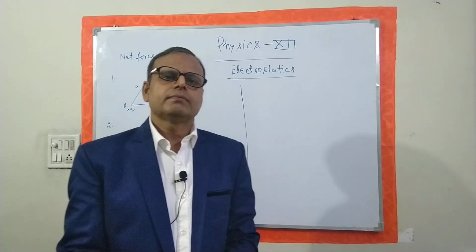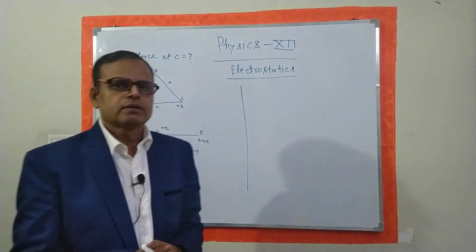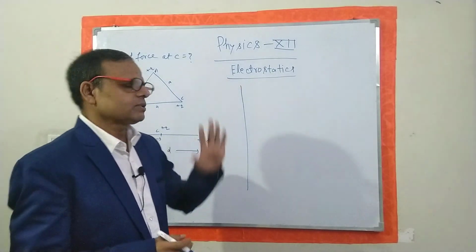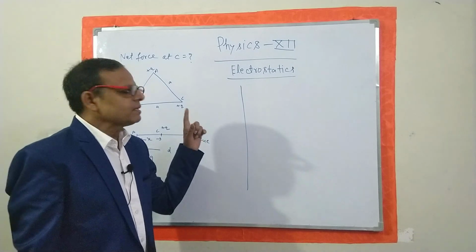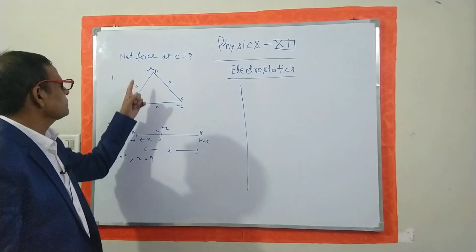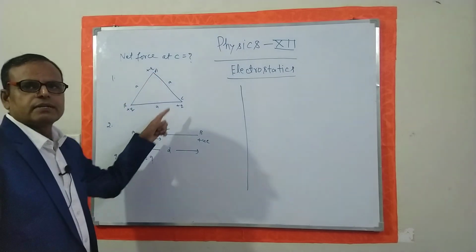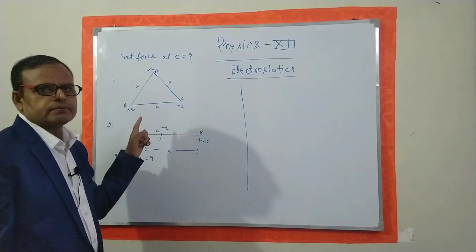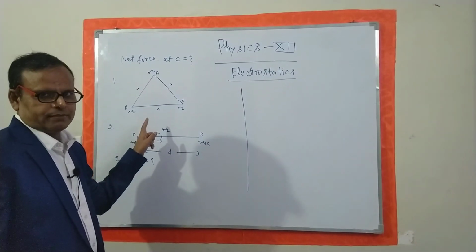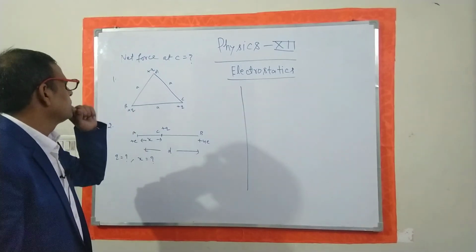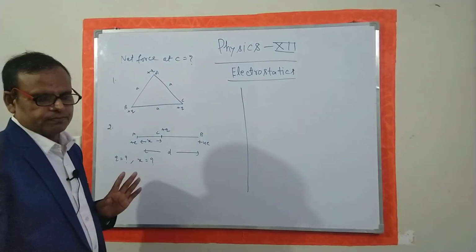Today I will begin with two important numericals from electrostatics. The numericals are given here. A, B, C are three vertices of an equilateral triangle of side a.